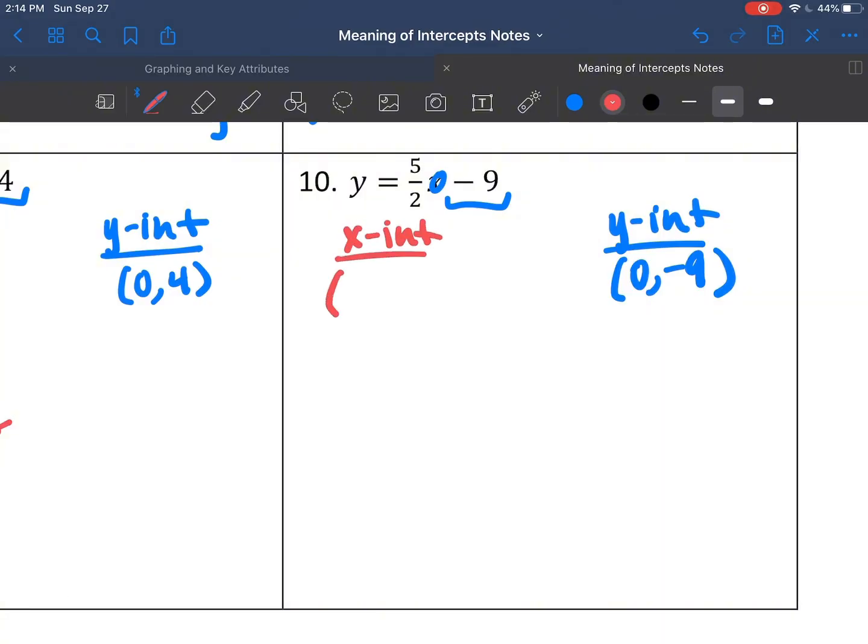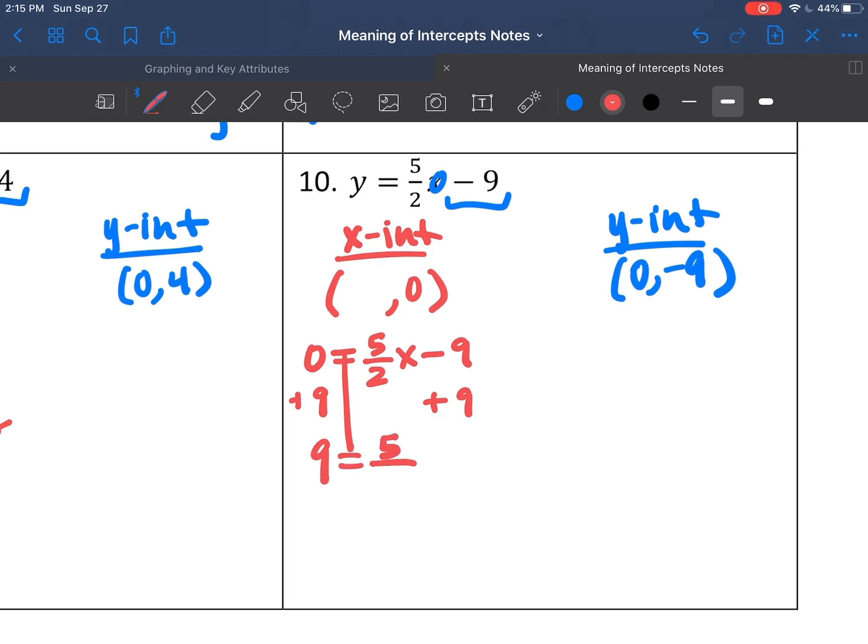Okay, number 10, we plug in 0 for y, and we get 0 equals 5/2 x minus 9. So I'm going to go ahead and add 9 to both sides.